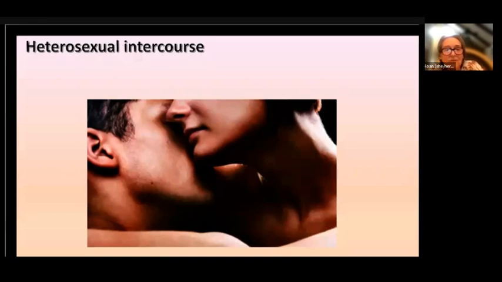Usually, we want to have sex with somebody that we are married to or in a relationship that we care about. Coitus or intercourse is the penetration of the vagina with the penis. If you're trying to have a baby, the possibility of getting pregnant is once a man ejaculates.